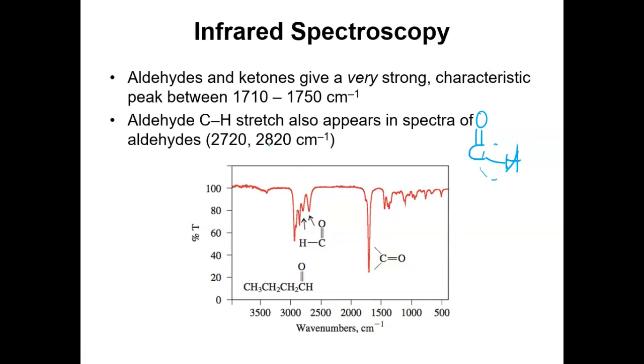So this is a characteristic peak for aldehyde. And if you couple that with an intense peak at about 1700, then you have a positive identification of aldehyde.